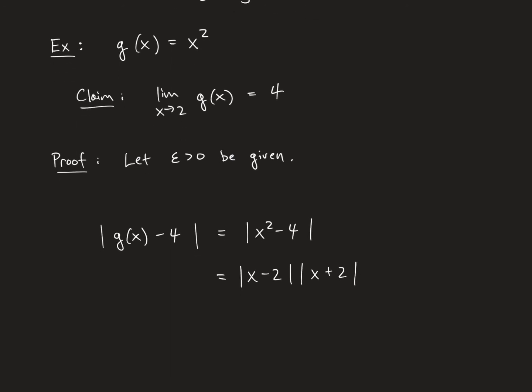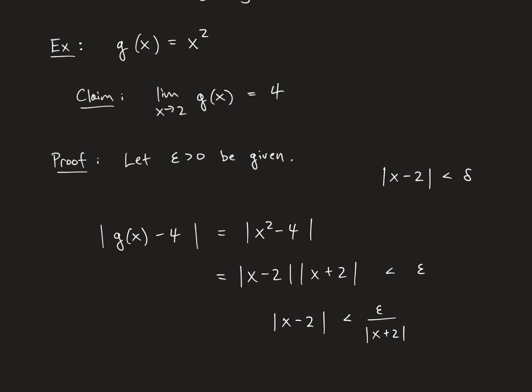Now, we want to make this less than epsilon, right? And what we have control of is the absolute value of x minus 2. We're trying to solve this inequality for x minus 2, because ultimately what we're trying to identify is our delta: if we take x minus 2 less than some delta, then we can make this less than epsilon. The temptation would be to say that the absolute value of x minus 2 should be less than epsilon over the absolute value of x plus 2.